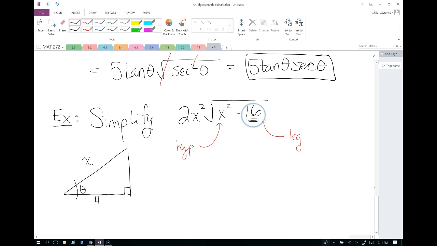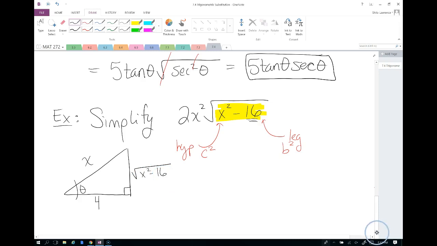And remember, I'm not pulling that exact value out, I'm pulling its square root out because we're matching this up with the Pythagorean identity. So we're matching this up to say c squared and b squared. And when we label our triangle, we only label it as c and b. So when I pull those numbers out of the sum or difference of squares, I'm always doing their square root. And then the opposite side here is going to end up as the square root of x squared minus 16.